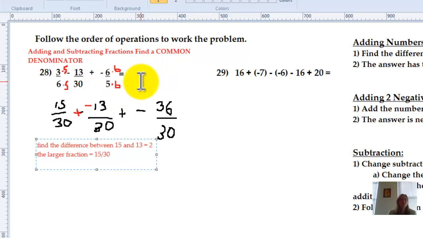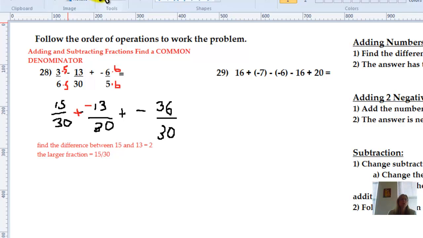So we have a new fraction of 2/30. It's a positive. We found the difference between the numerators, which was 2. Use the sign of the larger number, which is 15.